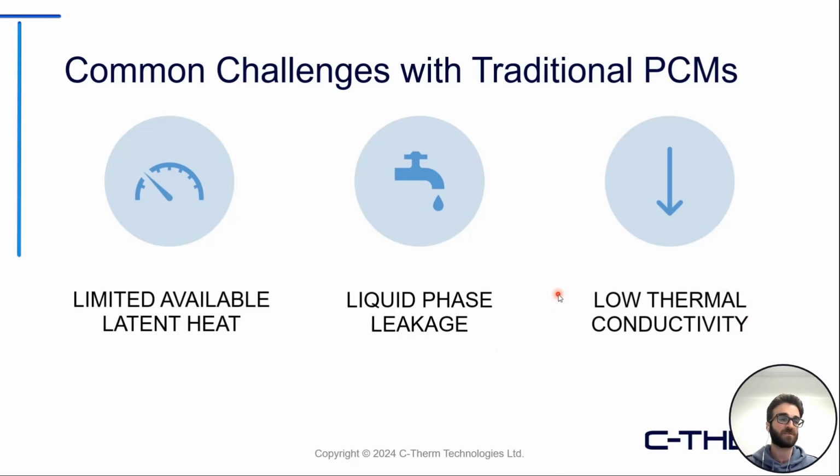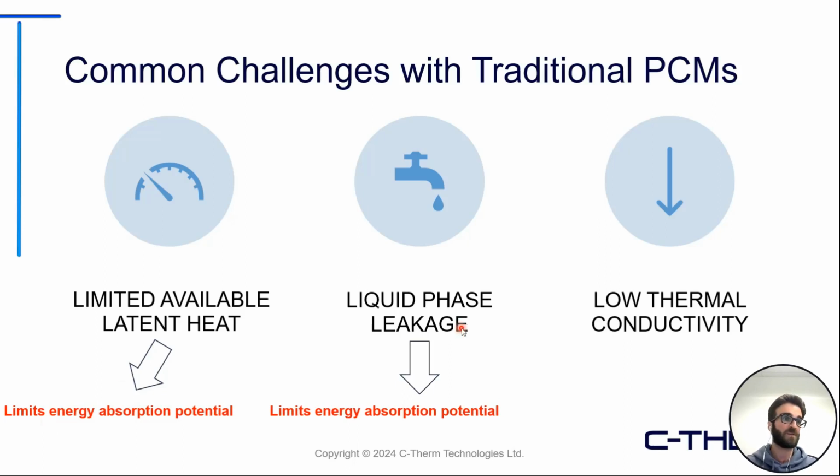Each one of these affects things in a slightly different way. Your limited available latent heat limits how much energy absorption and storage is potential within that material or being used in the system. Liquid phase leakage, this limits energy absorption. That's a typo there, sorry.